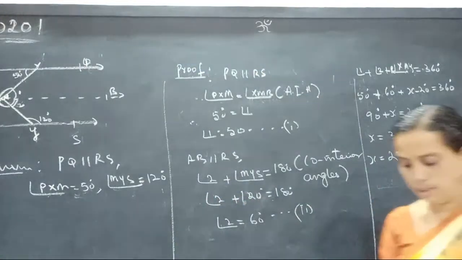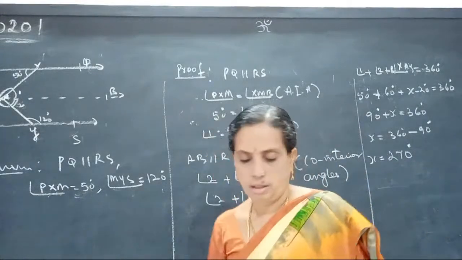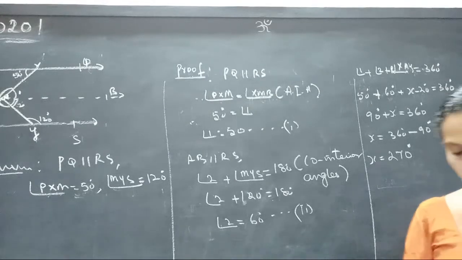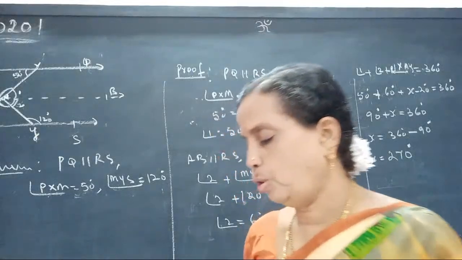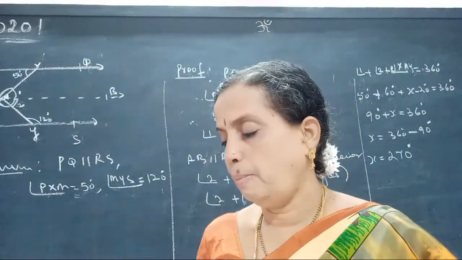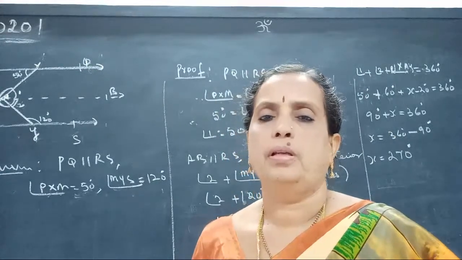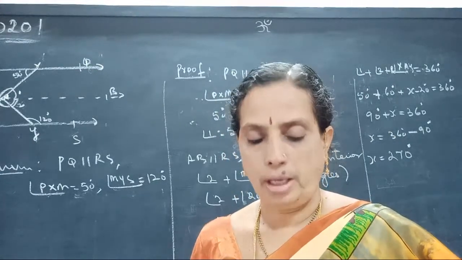Next, question number 12, not 10. We have to prove AB parallel to EF. All the questions are MCQs only.